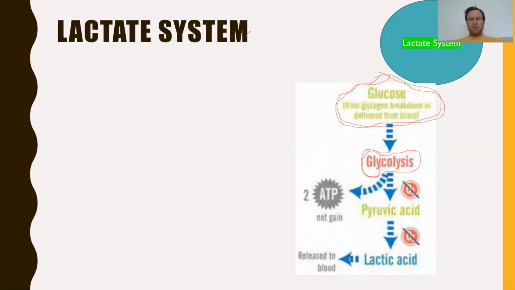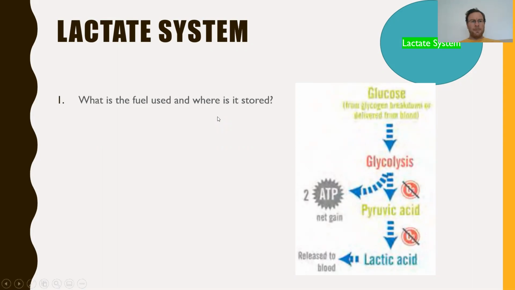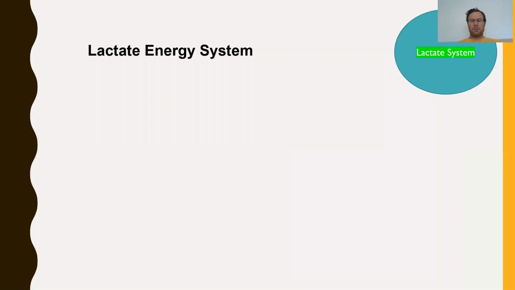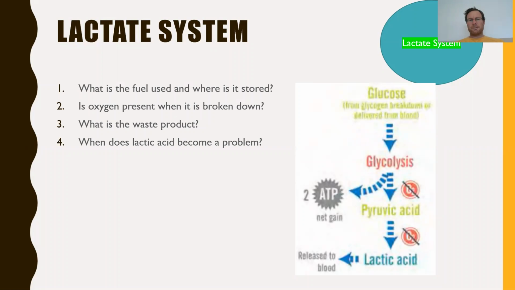So what I want you to do is, I've got a little task. There we go. I want you to read your manual on the section on the lactate system. I want you to be able to answer me these four questions. So what is the fuel used and where is it stored?